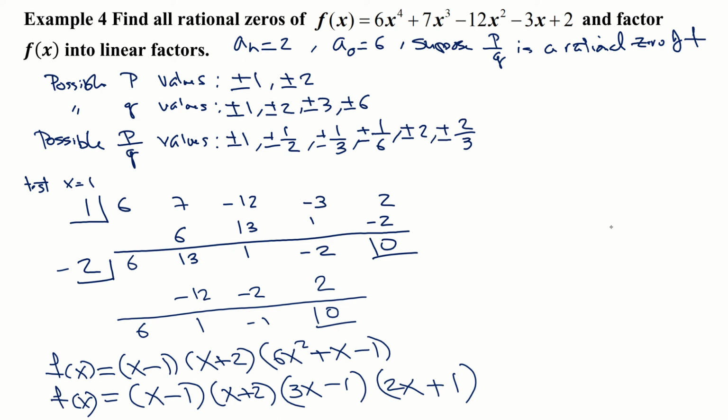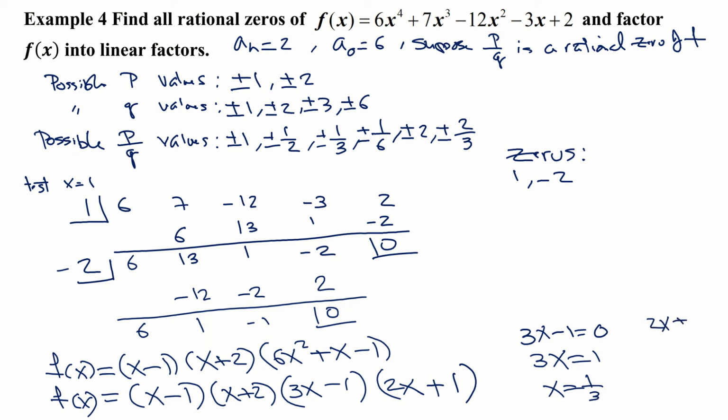All right, if you were to list the zeros of the function, what were they? 1, negative 2. To get the other two, you're going to have to just put these two factors, set those equal to 0. So 3x minus 1 equals 0 gives you 3x equals 1, or x equals 1/3.